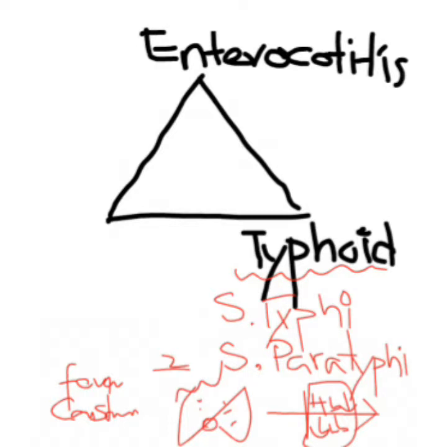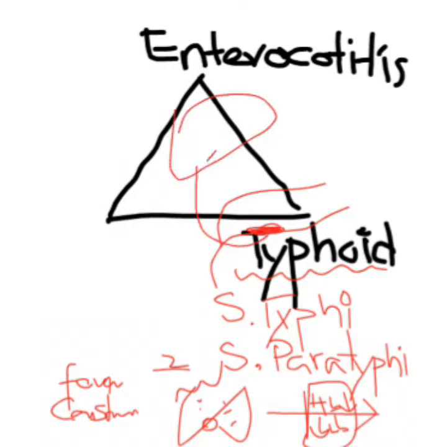Approximately 3% of the people can be affected by this, and those patients are also carriers, because we have previously discussed that from the Peyer's patches of the intestine, the phagosomes ascend upwards towards the liver, affecting the liver, the gallbladder, and the spleen.